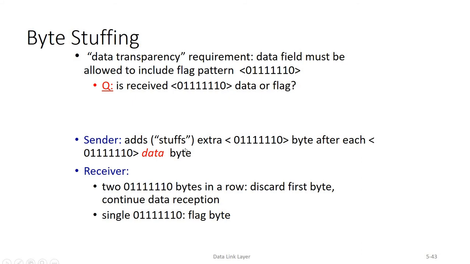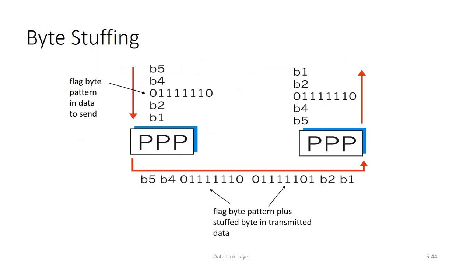Then we need to stuff one extra byte after it. Then if the receiver receives this one followed by the same one, it will know that this is just stuffing and ignore one. I told you, self-study this one. If the flag byte happens to be inside the data, then we stuff it, we add another one. Once the receiver gets it, it knows this is just stuffing, ignores the stuffed one and completes the data.